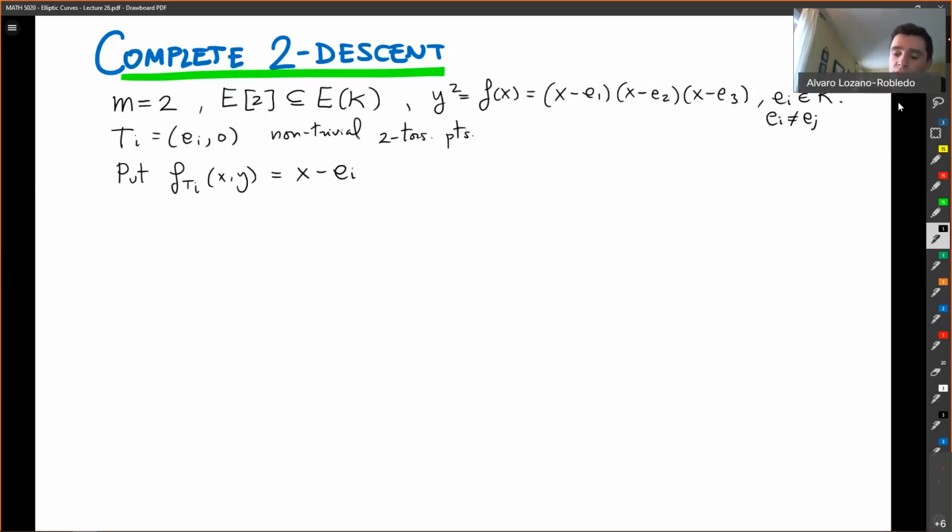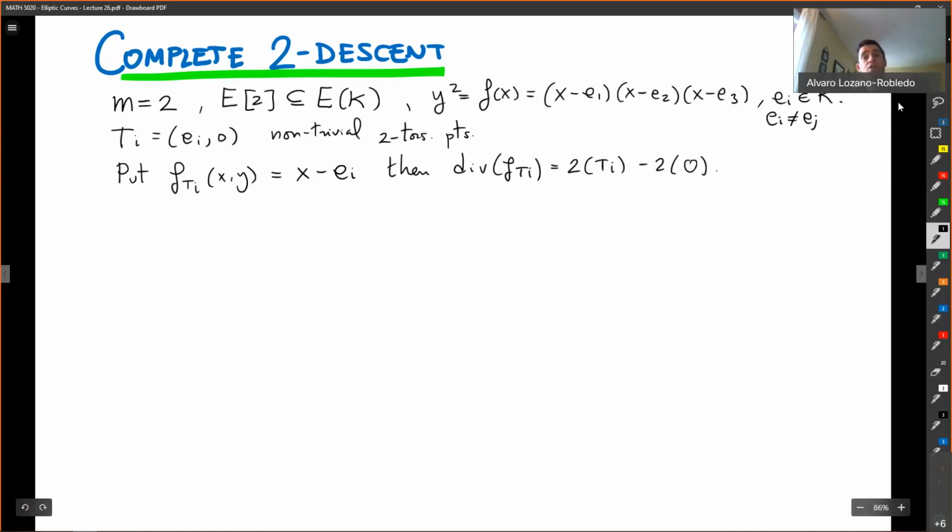We proved that the divisors of these functions are precisely 2T_i minus 2O, which is by definition what the function has to be for the Weil pairing. So this is great. It's the simplest. It's really simple. The definition of the f_T's is very simple.